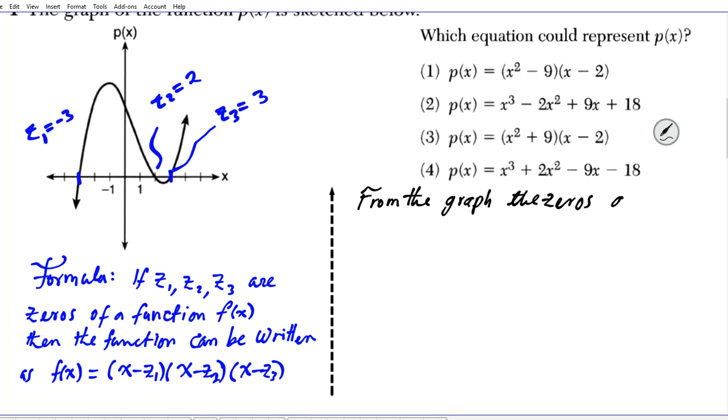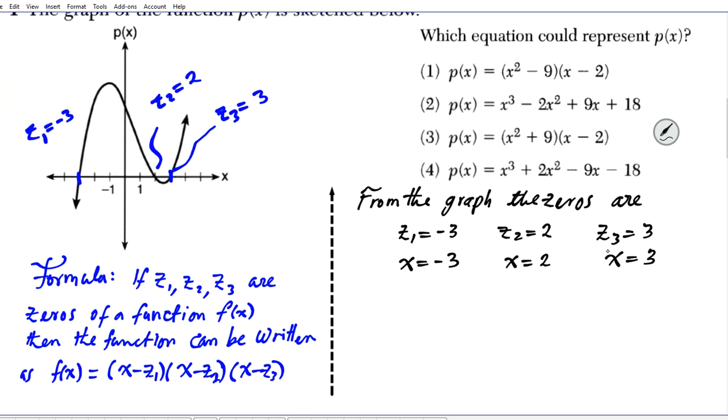The zeros are z1 equals negative 3, z2 equals 2, and z3 equals 3. Now, how can we write the polynomial function with the zeros? All we have to do is replace the z's with x's. We have x equals negative 3, x equals 2, and x equals 3.